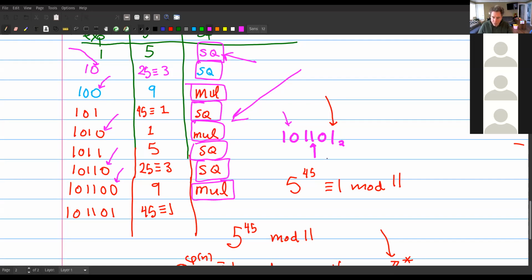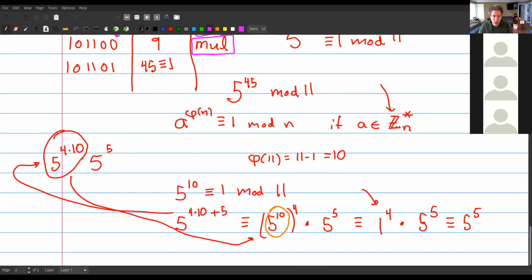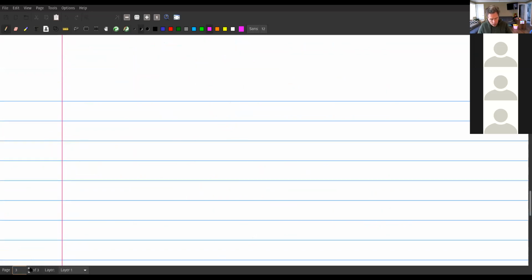So let me write out the algorithm here. This is for computing x to the h mod n, straight from the textbook. It assumes that you know what h is in binary.